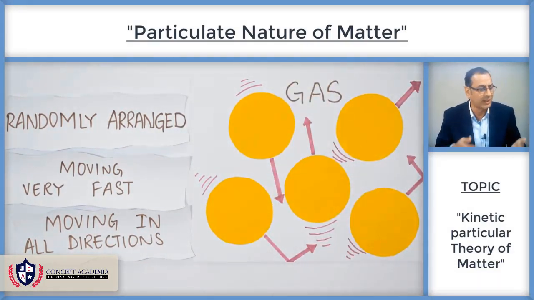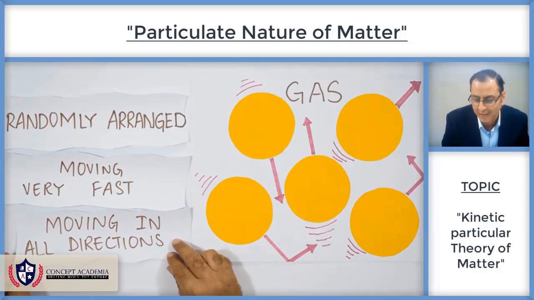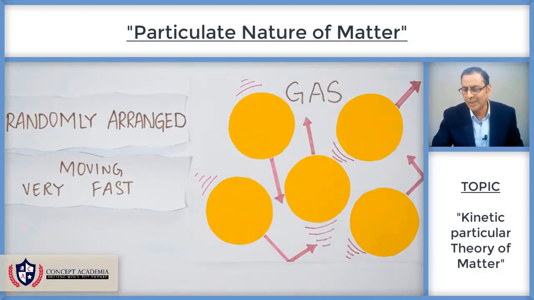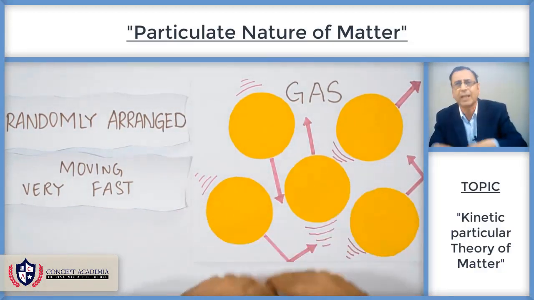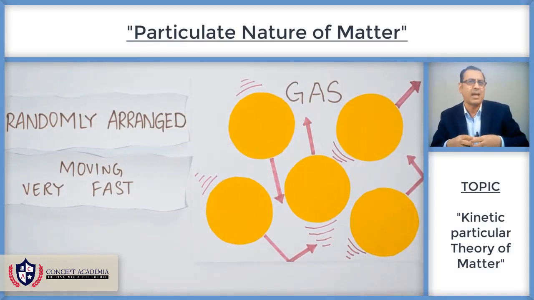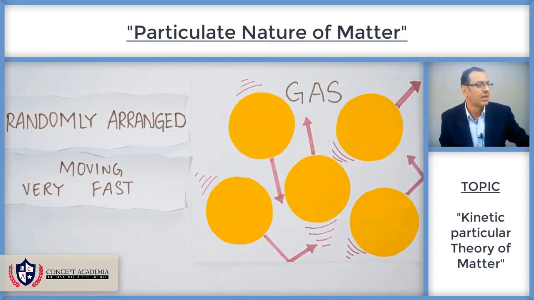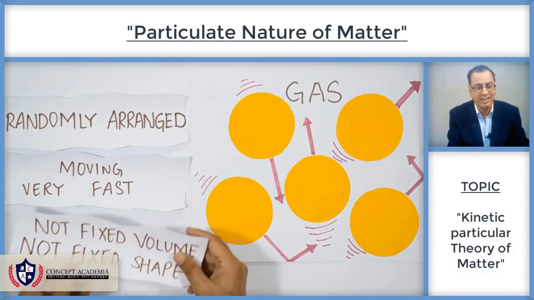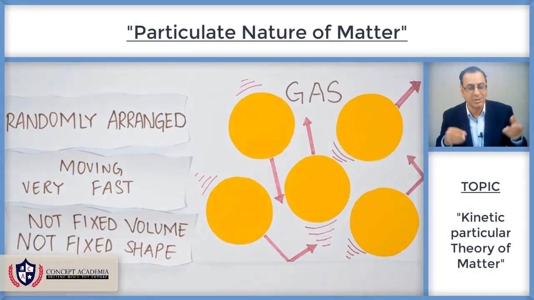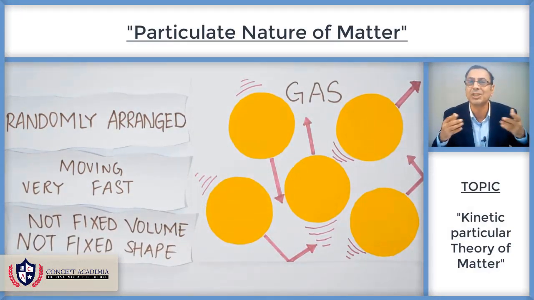So you can see that they can move freely, they can change their position, they can move from one place to another so quickly, so they do not have any fixed volume and they do not have any fixed shape.